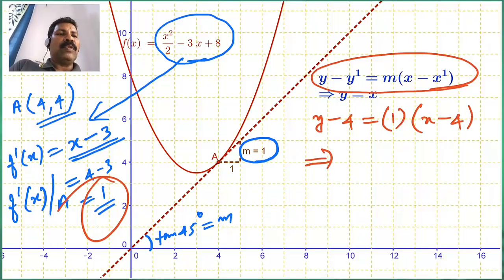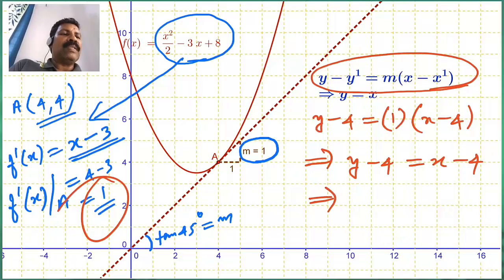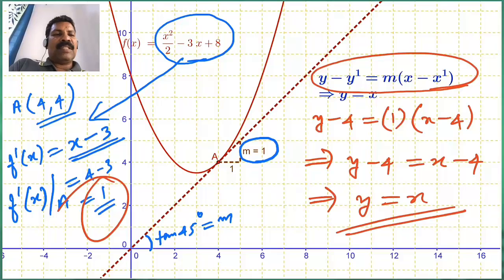Which gives you y minus 4 is equal to x minus 4, which could be simplified to get y is equal to x. So this way we can compute the equation of the tangent.